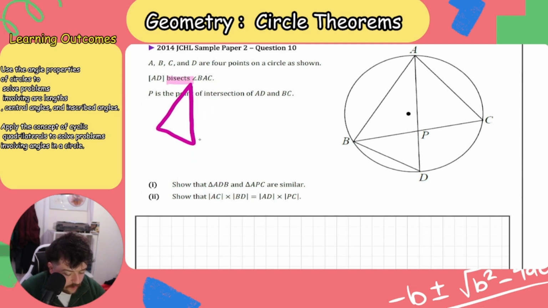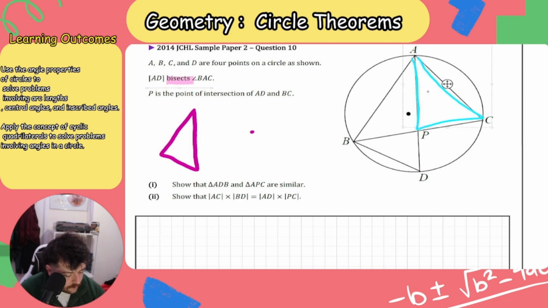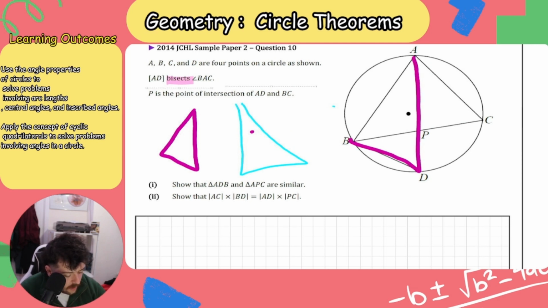Okay, this is not playing with me. There you go. It has the same angles as APC, this one here. So let's see what angles we can prove here. So it says here, BAC is bisected.